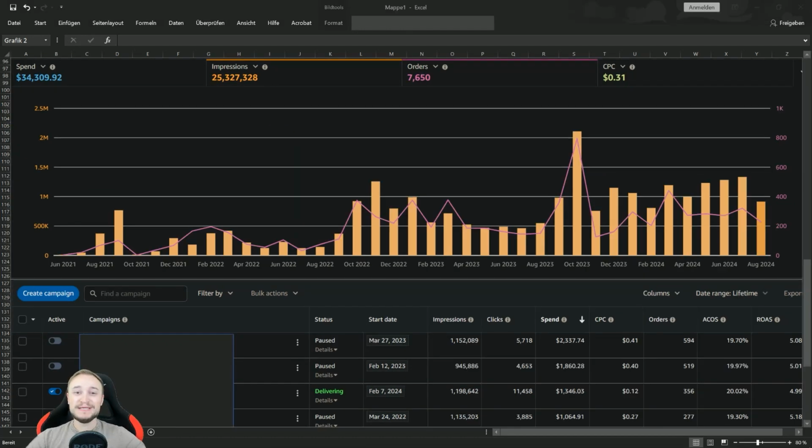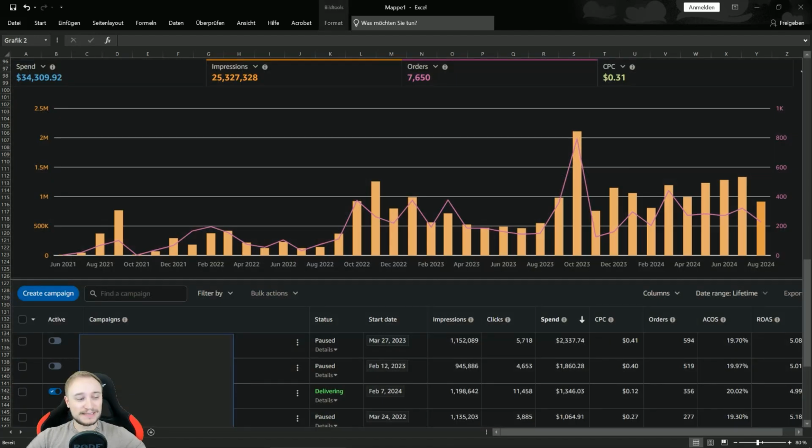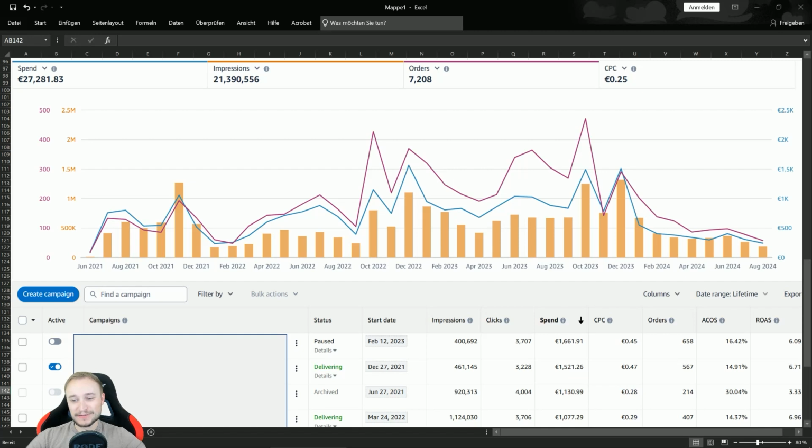You can now see behind me the lifetime chart for the US campaigns, and I can also switch to the German campaigns. We got our ad access in June 2021, so 3 years ago. I think you now know where the priority was in the beginning, and you can also see that at the beginning it was a lot of testing.